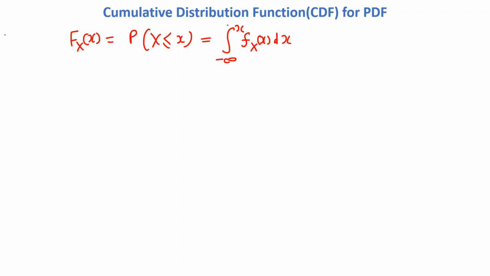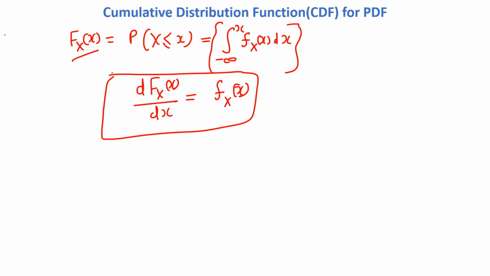If we differentiate this with respect to x, we get this value. You can get the probability density function. We will verify how it works in our next example.